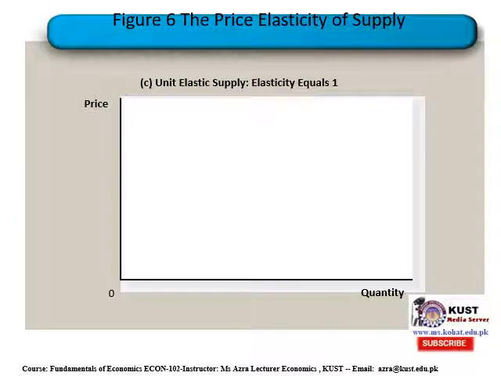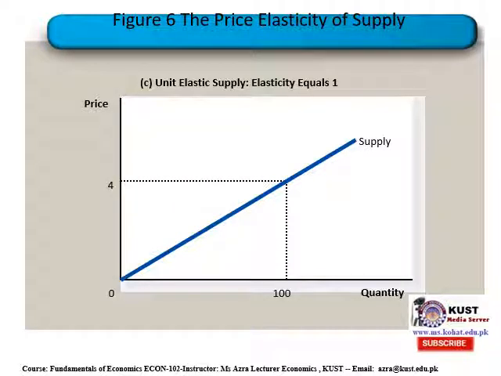Unit elastic supply curve, where elasticity will be equal to 1. Unit elastic means that there will be uniform increase or decrease in both components, quantity as well as price level. Let's suppose price has been increased from 4 to $5.